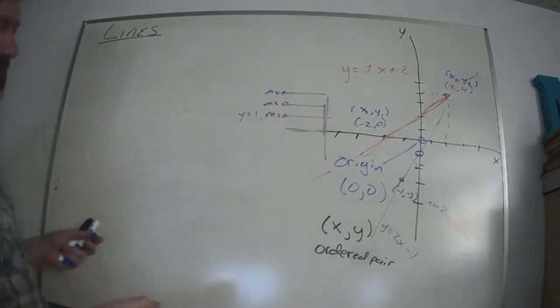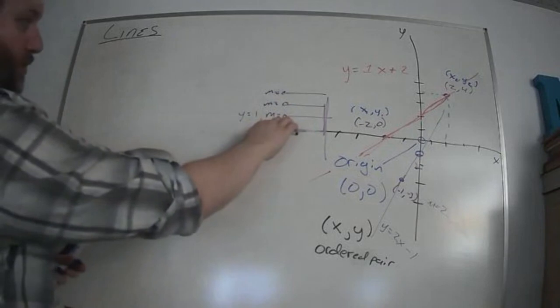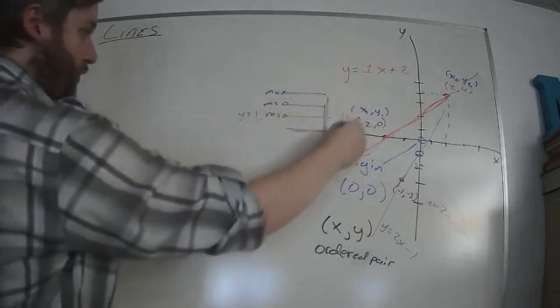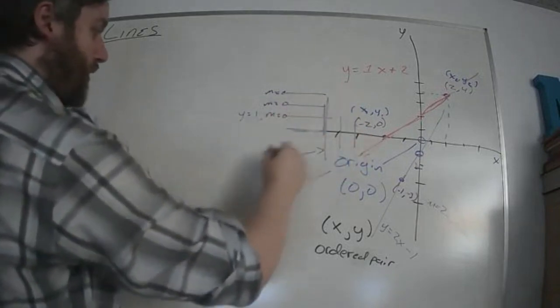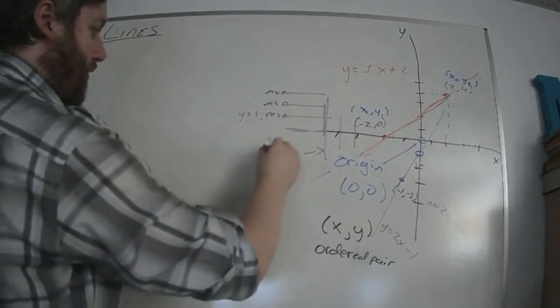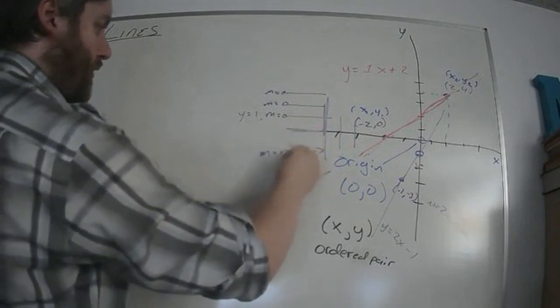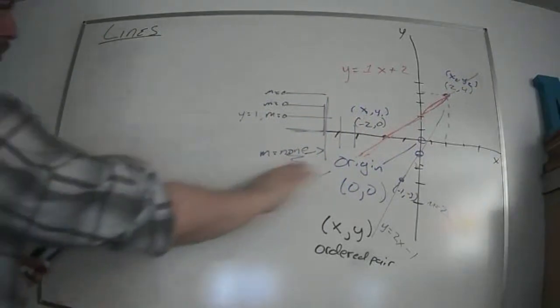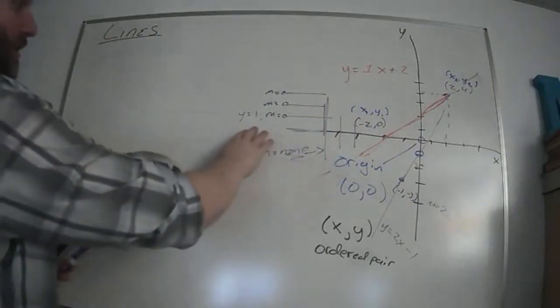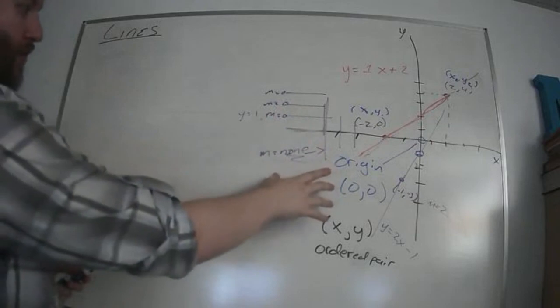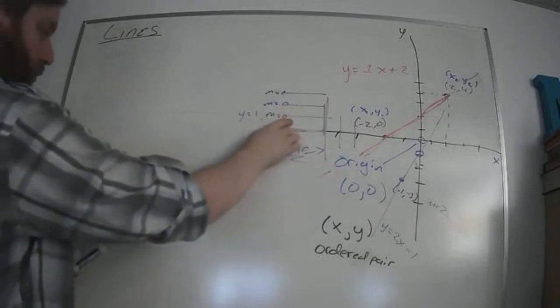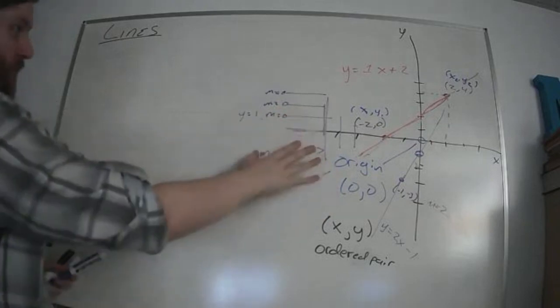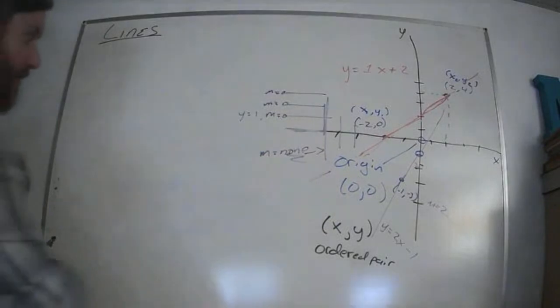The only point that matters is its intercept because it has no slope. Slope is 0. And any of these vertical lines have no slope. Vertical lines do not have a slope at all. And that will come into something because they're not functions. And horizontal lines have a slope of 0. So those are the special cases there.